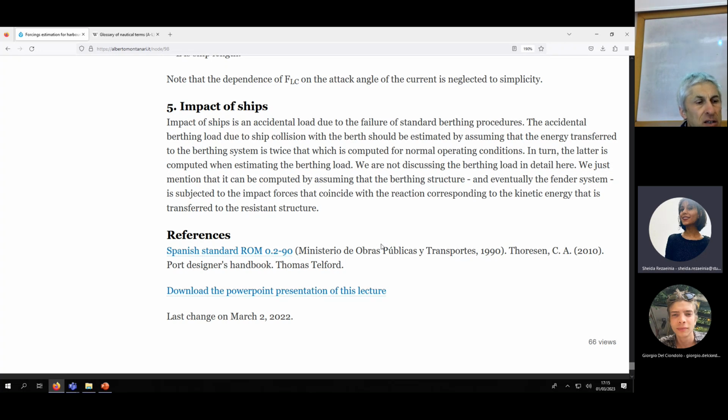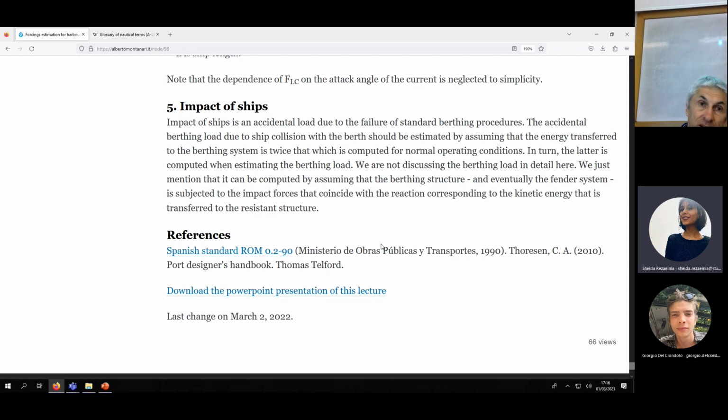And it is an accidental load. It's not negligible. If you consider the frequency of this kind of accident, they are not so rare, and they are an important cause of damage for the berths and the piers.